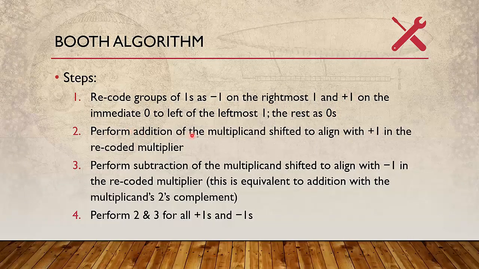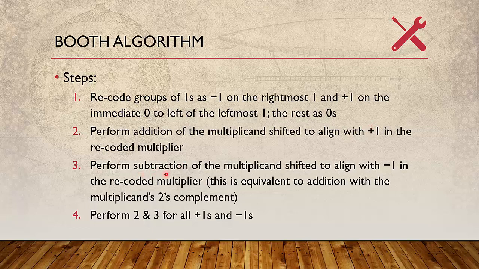And then we perform a similar process of addition of the multiplicand shifted to align with the positive 1, just like what we did in the serial multiplier, but now we do it on the recoded multiplier. For the positive 1, we do addition.